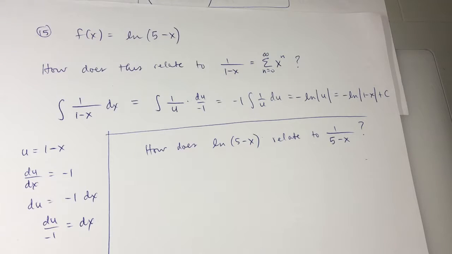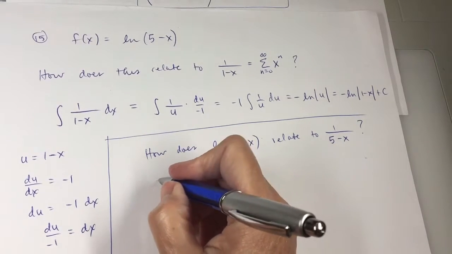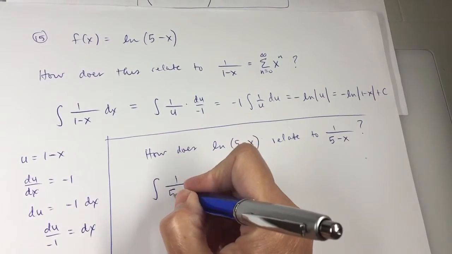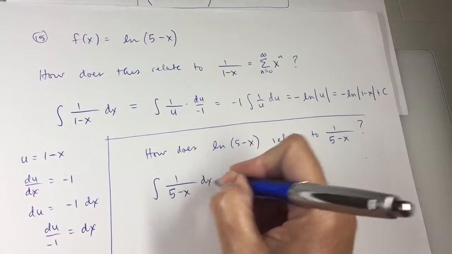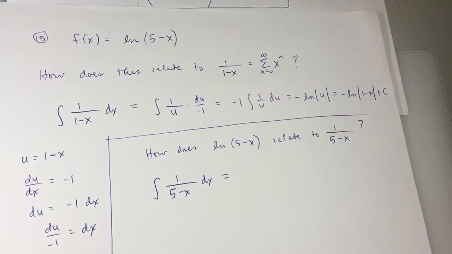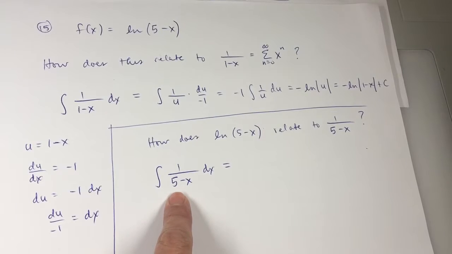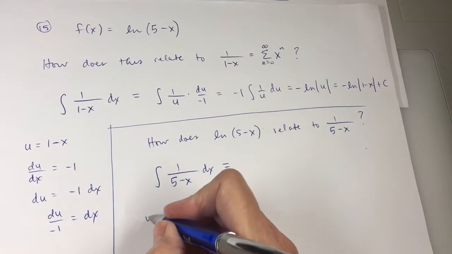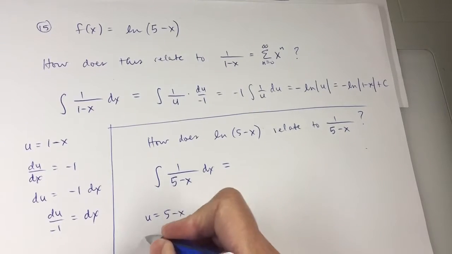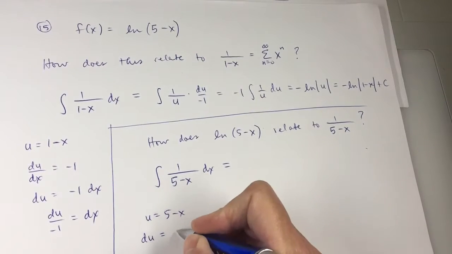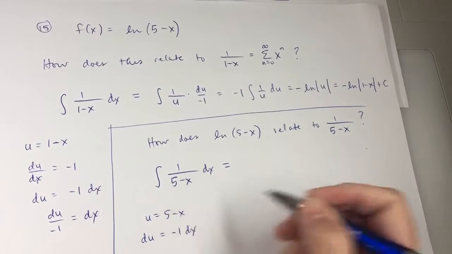So the integral of 1 over 5 minus x dx, well, that's a u substitution. u would be 5 minus x, du would be negative 1 dx.